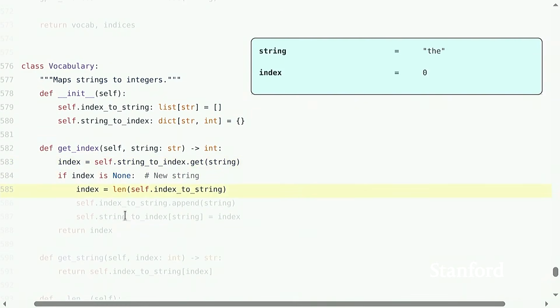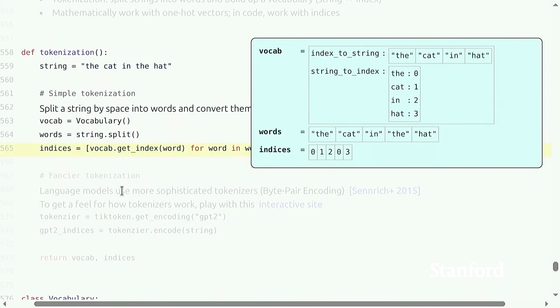If I haven't, then I'm going to assign it an index and record it. And if I have, then I'm going to use the same index. So at the end of the day, I'm going to map these words into indices where you see that the occurs both times and gets the same index. And this is the mapping between the strings and the indices. Okay, so this is typically what's done to essentially take strings and map them into integers.